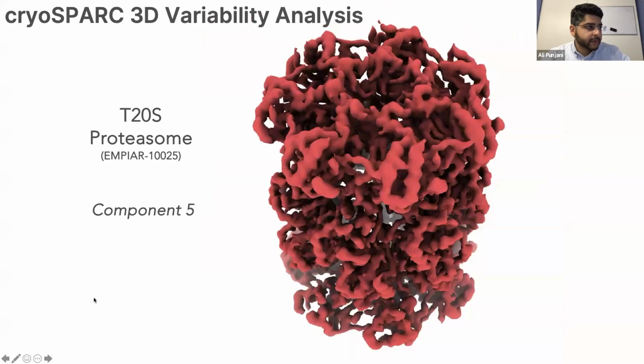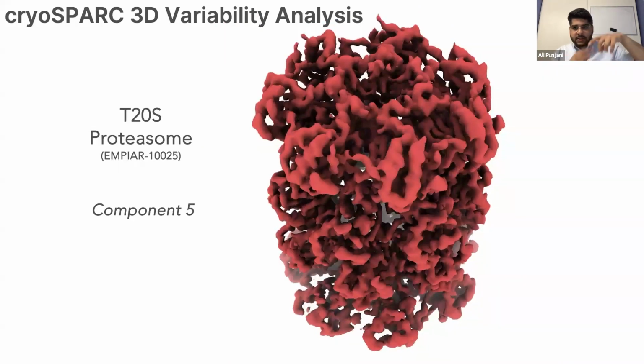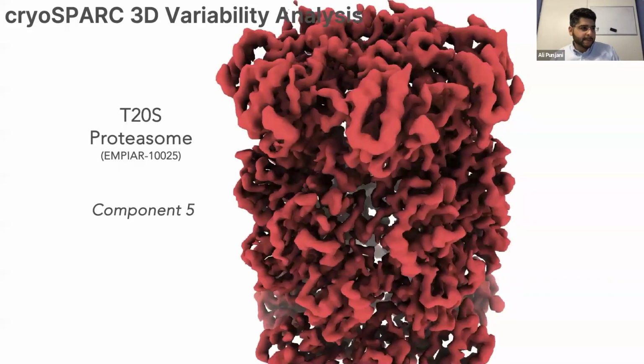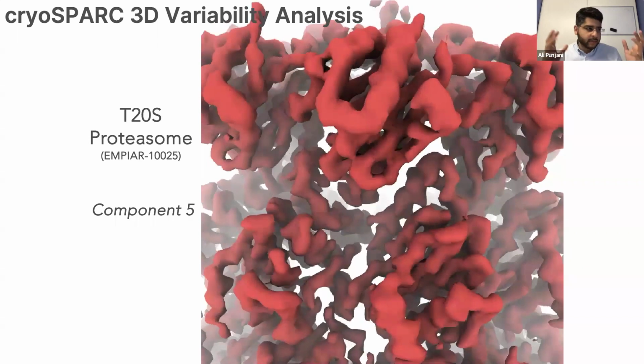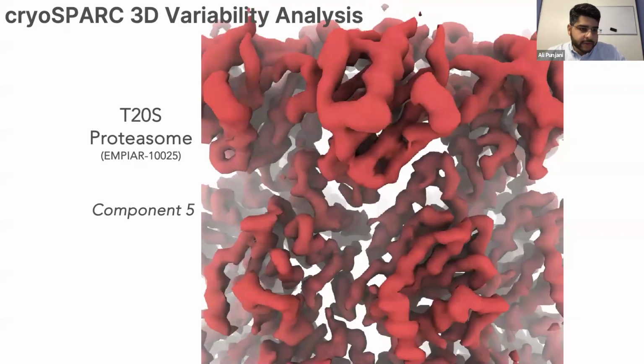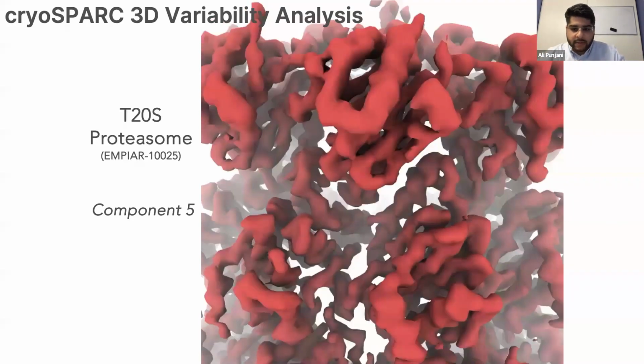And this 5th component is a bending of the whole molecule across its symmetry axis. And here, each subunit is doing something different depending on its position within the complex. And so this is a very interesting way to see for symmetric proteins whether or not the symmetry is really there, or flexibility actually breaks the symmetry despite the chemical symmetry being present.